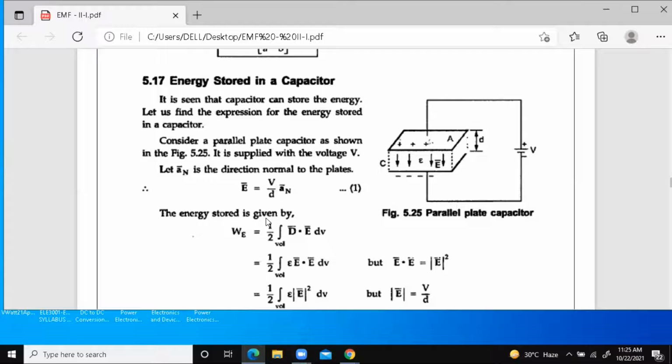Consider the simplest one of them all, which is a parallel plate capacitor as shown in the figure. You have a parallel plate capacitor, positive charge on one plate, negative charge on the other plate. So you put a voltage across the plates.